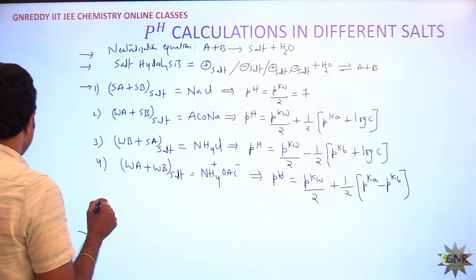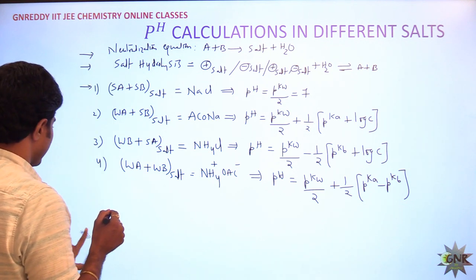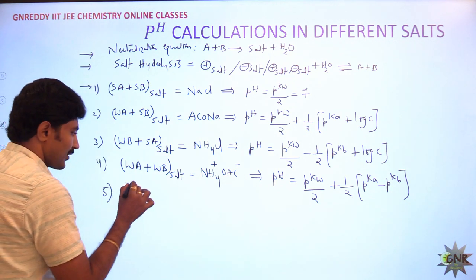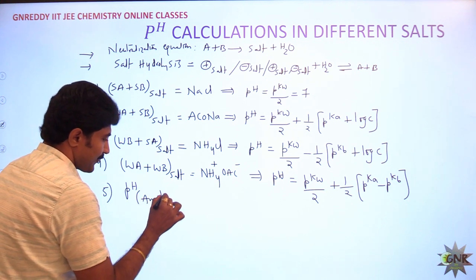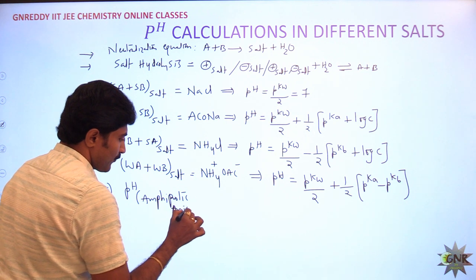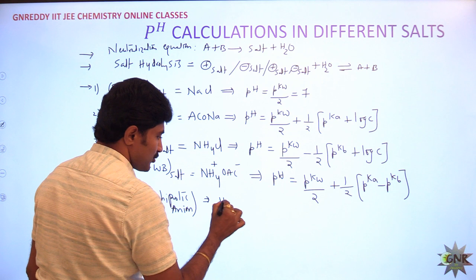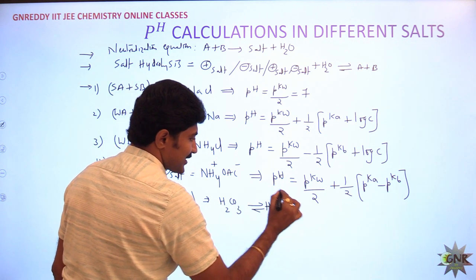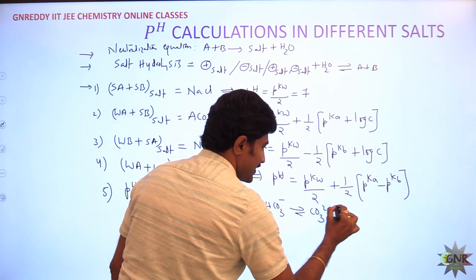Even the amphiprotic anion salt. What is the amphiprotic anion salt? Like sodium bicarbonate, pH of the amphiprotic anion. See this example. Suppose you take H2CO3; on dissociation, first it gives HCO3 minus. HCO3 minus gives CO3 2 minus.